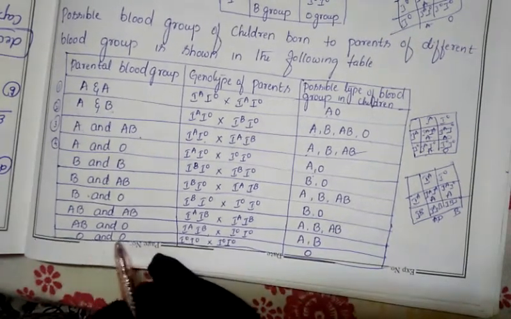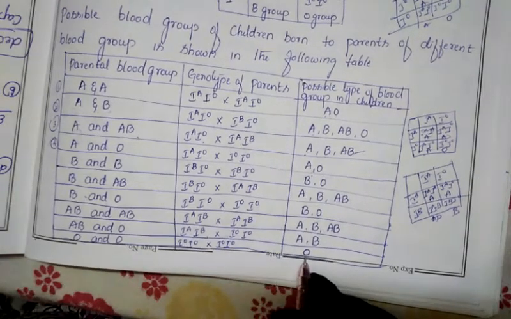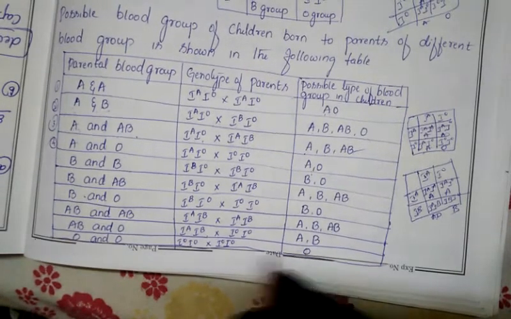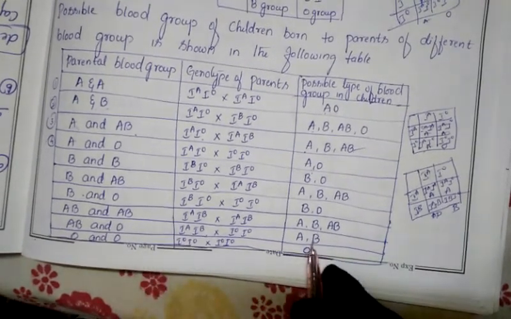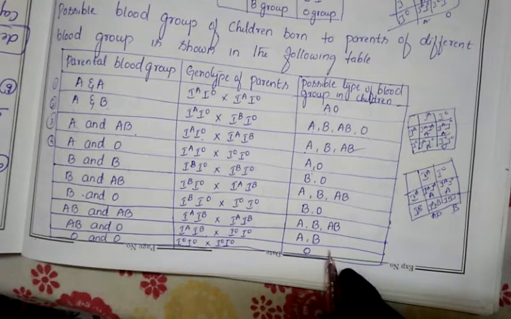Next, if both parents have the O blood group, then the offspring will also get O blood group only. Because both parents have only O blood group, 100% of the offspring will get only O blood group. There is no chance of getting any other type of blood group.